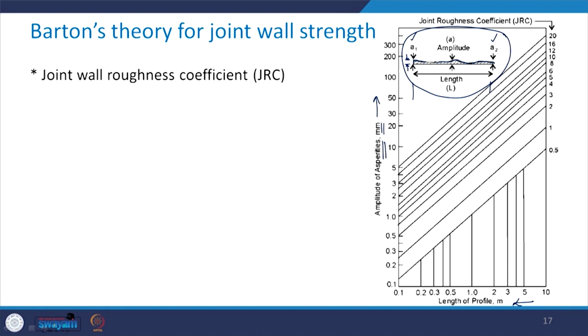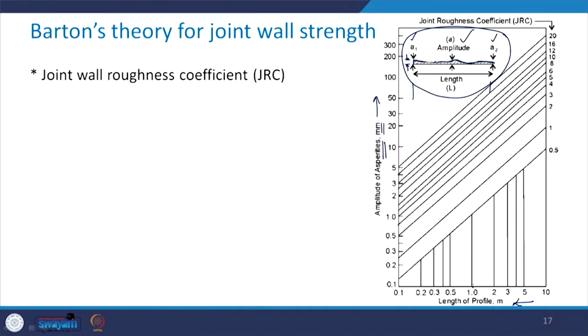You have to choose the length in such a manner that the amplitude is more or less the same. In case you have a large variation in the amplitude, then you divide it into different lengths, and corresponding to each length you obtain the average value of the amplitude.